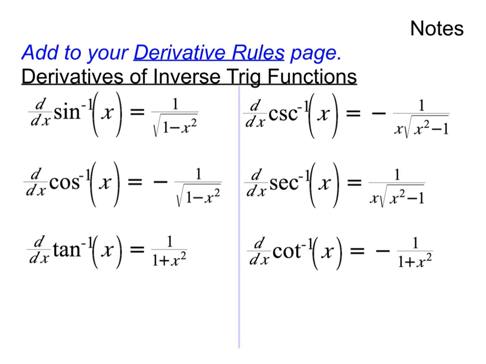First of all, remember when you just learned the derivative of sine, cosine, tangent, cosecant, secant, and cotangent. Remember there are a few rules there where a lot of stuff was very similar. Like for instance, you might recall that all of the cotangents, cosecants, cosines, all those derivatives were negative. Notice which ones are negative here.